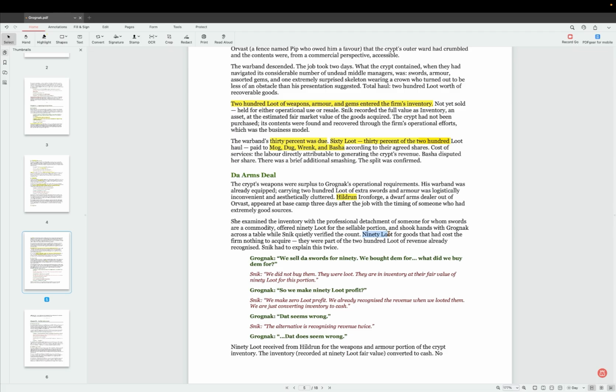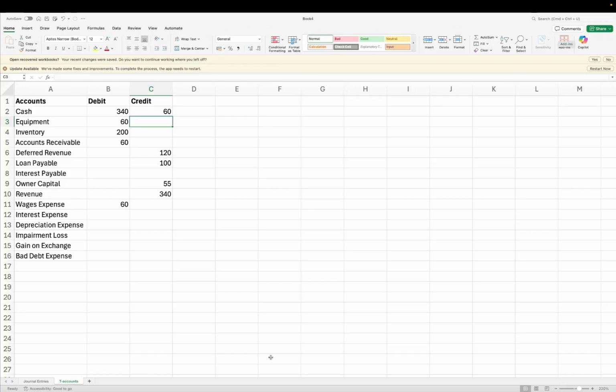These goods had cost the firm nothing to acquire; they were part of the 200 loot of revenue already recognized, right? These goods were already recognized, so this transaction doesn't create new revenue. Instead, it simply converts one asset into another asset. Inventory decreases and cash increases.